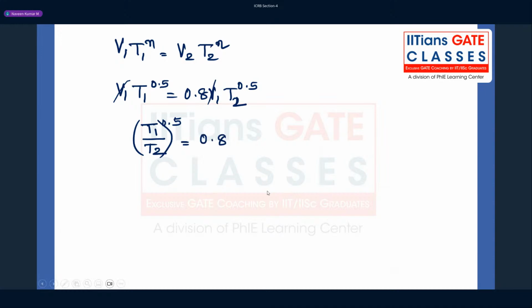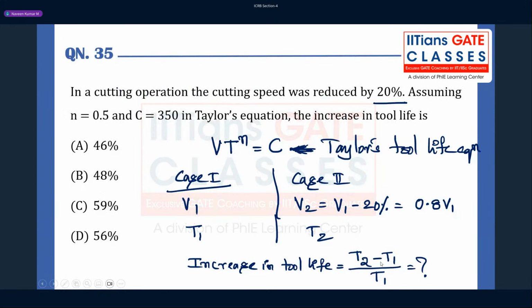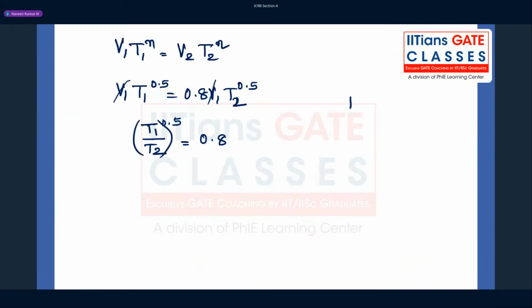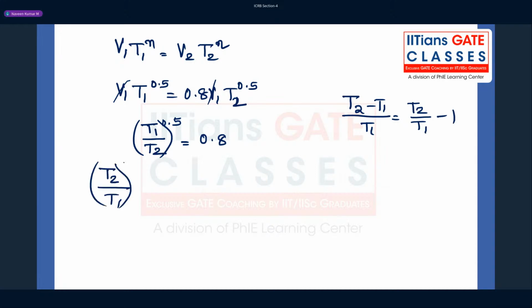What we want is T2 by T1, then T2 minus T1 by T1, which is T2 by T1 minus 1. Here it is reversed, so we flip it. T2 by T1 to the power 0.5 is equal to 1 by 0.8. So T2 by T1 is 1 by 0.8 to the power 1 by 0.5, which is 2.